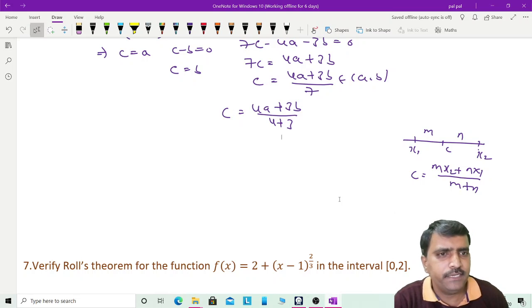C is the point that definitely belongs to AB, because c is of the form m x2 plus n x1 by m plus n. So c divides AB internally in the ratio 3:4.